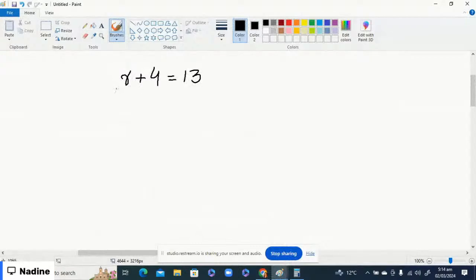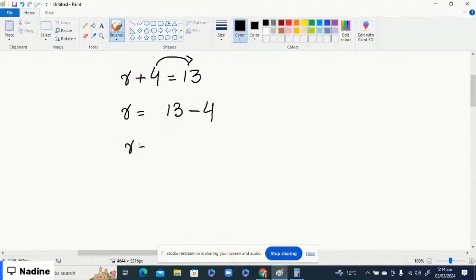How? Look at here. First of all, r is still the same here. 13 is still the same here. Move this 4 from the left side to the right side. When it's moved, look at the sign. With the 4, it's a positive sign. When it's moved from left to right side, it becomes negative. So 13 minus 4.